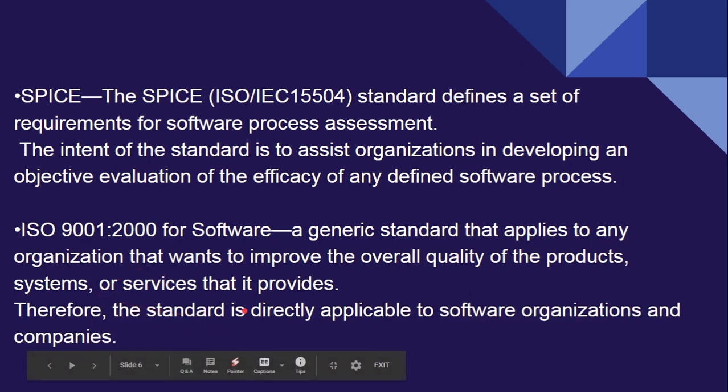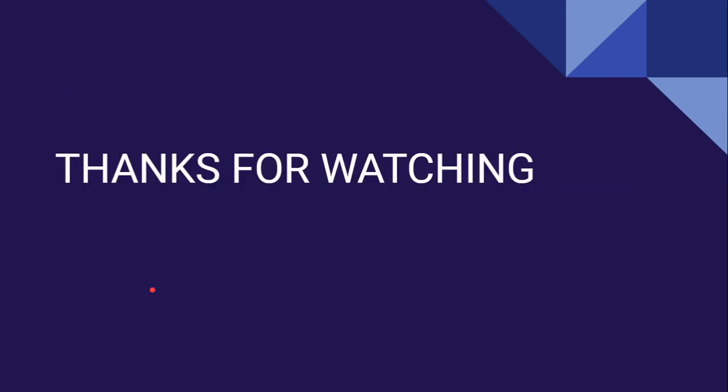Therefore the standard is directly applicable to software organizations and companies. So the organization can follow certain rules and regulations in order to achieve the proper goal in software process quality.